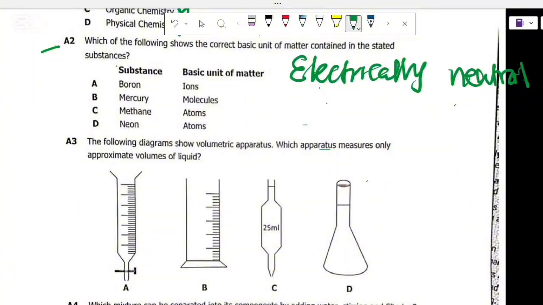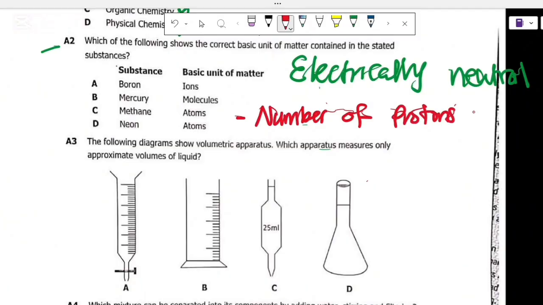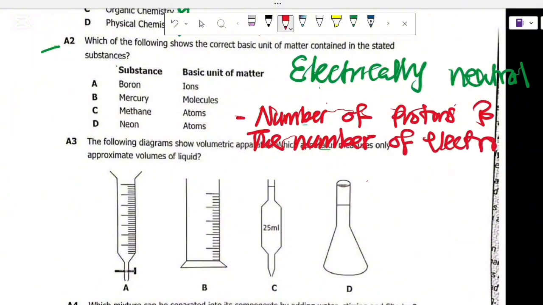I want you to pay attention to this. The reason why an atom is considered to be electrically neutral is because the number of protons and the number of electrons is actually equal.